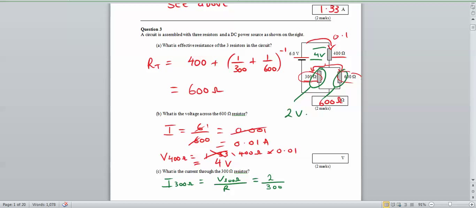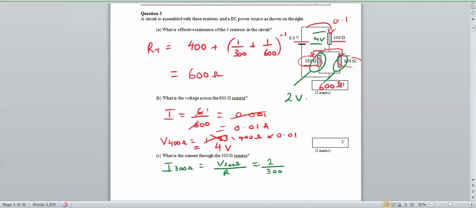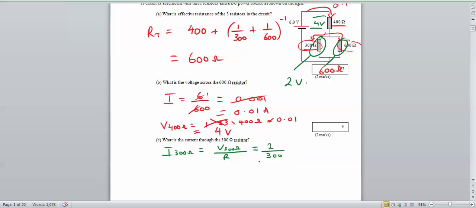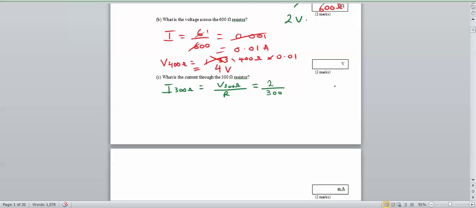Doing that in the calculator, we get 6.66 milliamps.